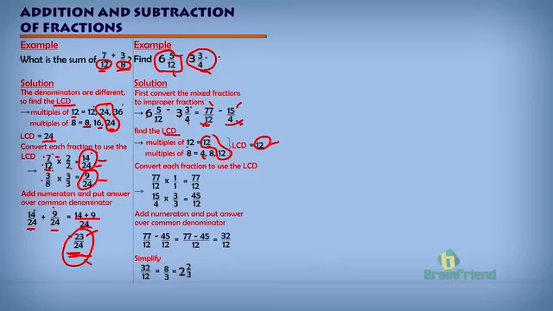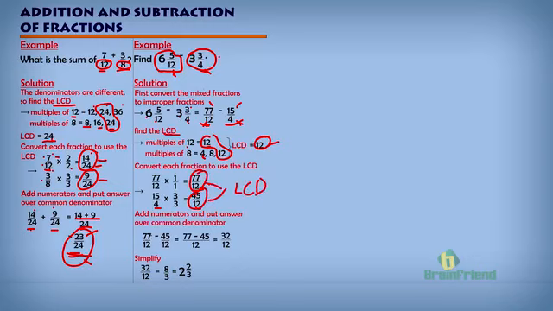That number is 1 for our 77 over 12, which is the fraction we seek to change. 1 over 1 times 77 over 12 will give us the same 77 over 12. We do the same thing for 15 over 4, and we have 45 over 12. These are fractions that now have the same common denominator, 12.